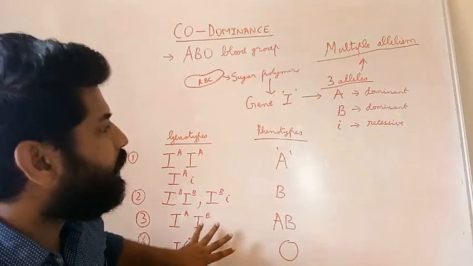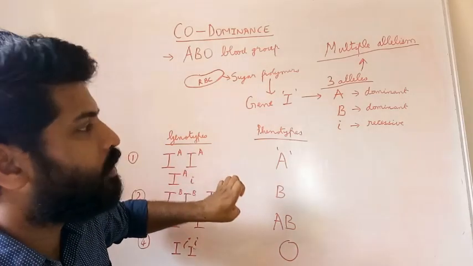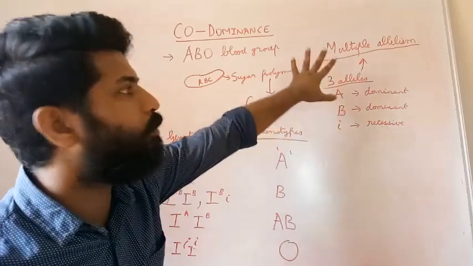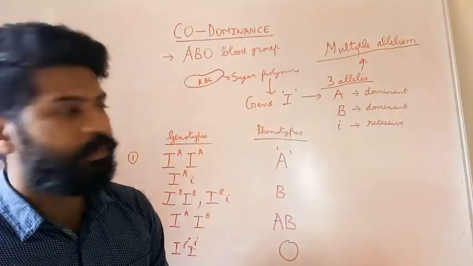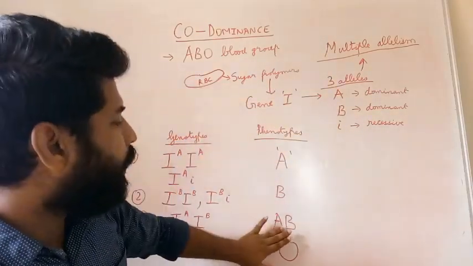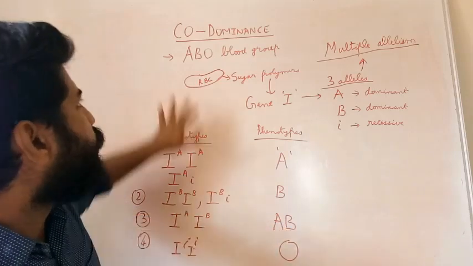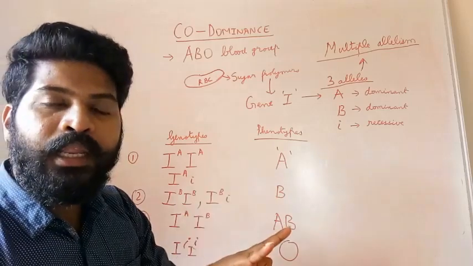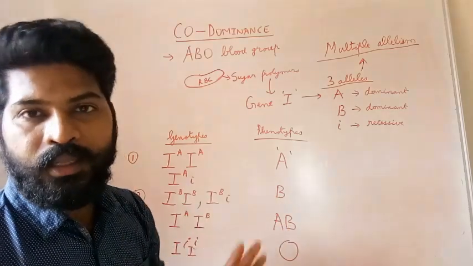So here you can very clearly see that the blood groups are controlled by more than two alleles. This is an excellent example for multiple allelism. And AB blood group is an example for co-dominance. In the hybrid condition, both the alleles are expressed equally.